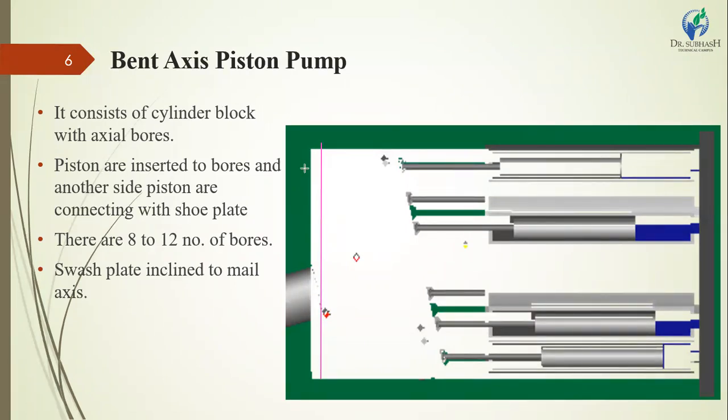Here the axis of the cylinder block is bent relative to the swash plate. This is the swash plate, and the axis of the cylinder is bent, so it is called a bent axis piston pump.